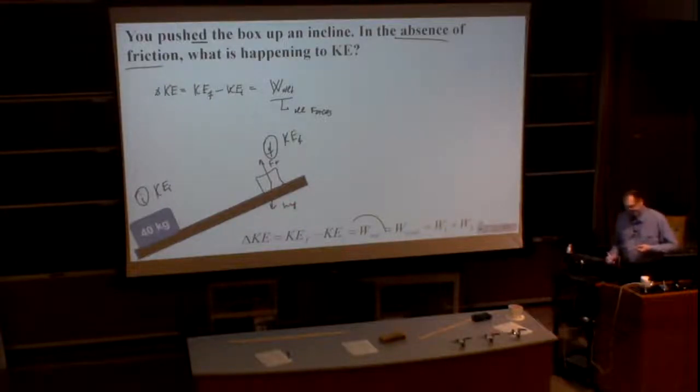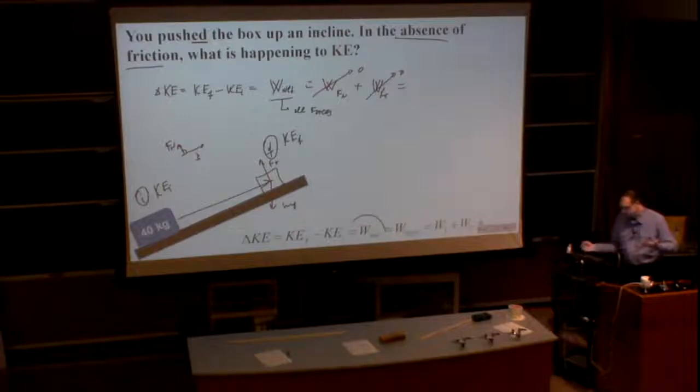Now, this is the displacement. And again, if we look at the picture, the angle between normal force and displacement is equal to 90 degrees, which means normal force doesn't do any work, zero. Moving on, there is no friction, so work done by friction is zero. It doesn't exist.